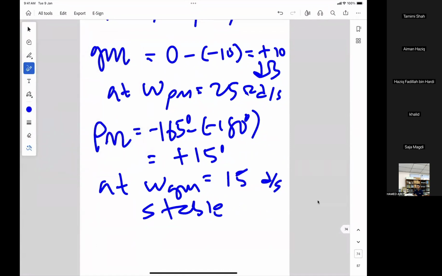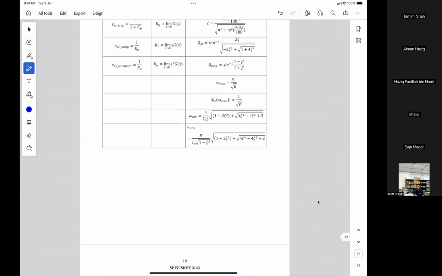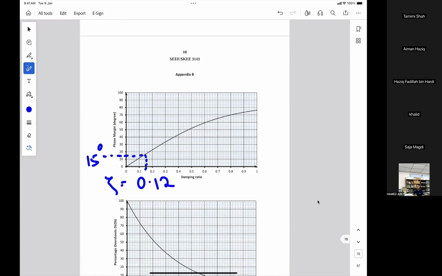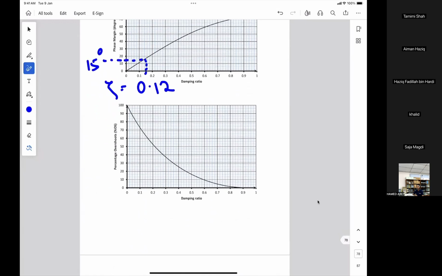This graph, 15 degrees. What is the zeta value? 0.12.